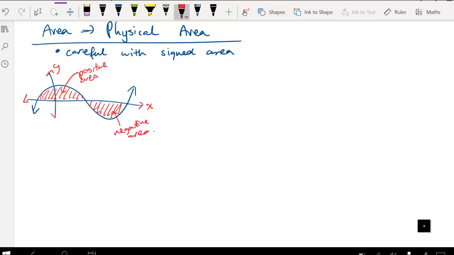So we need to be able to deal with that. When we're looking at area, we're considering physical area, and so depending on whether it's above or below the axis, it will give us a positive or a negative area.